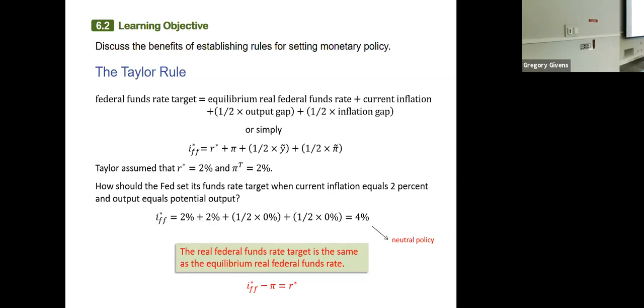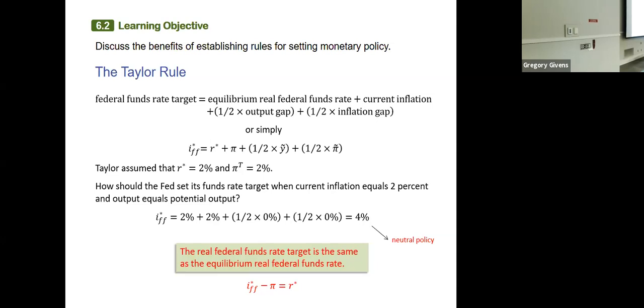In this example here, what is the real funds rate equal to? It's the nominal funds rate of 4% minus the 2% inflation rate. So the real funds rate, that is i_FF minus pi, just happens to be equal to the equilibrium real funds rate. So the stance of monetary policy then is neutral.